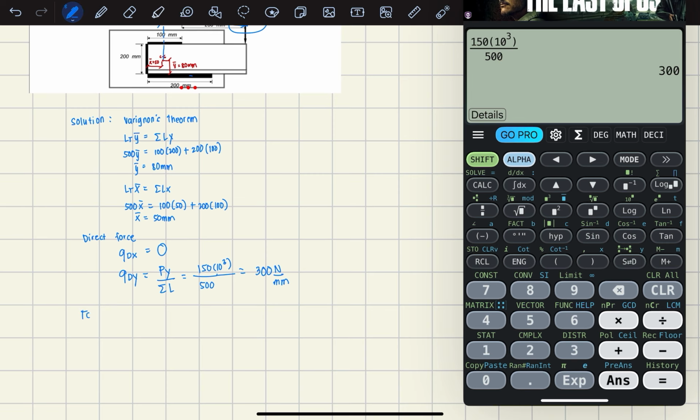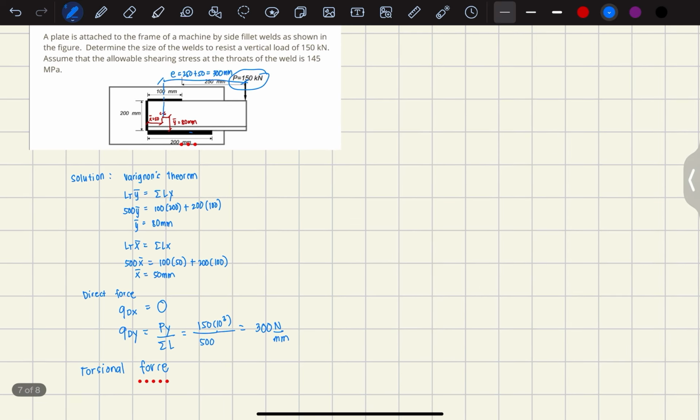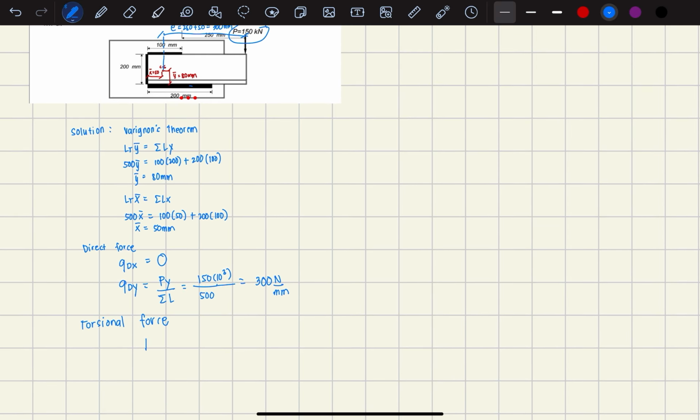Next is the torsional force. So, sa torsional force, gawa yan ng torsional moment. So, isolve po muna natin yung T is equal to P times E. Yung P natin is 150 times yung eccentricity na 300.